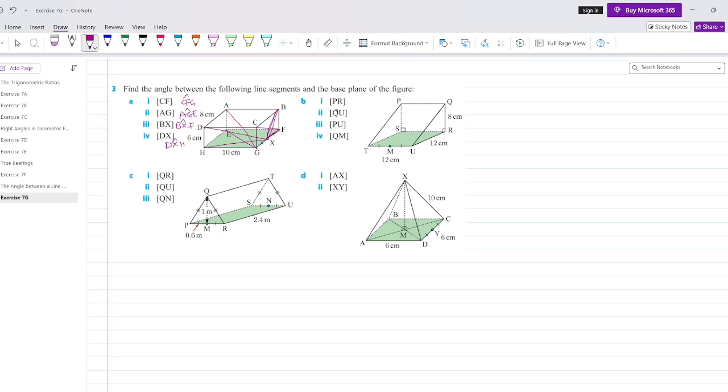Now in this figure, PR is this line, its projection is SR, therefore the angle is going to be PRS. QU is this line, its projection is RU, therefore the angle is QUR.